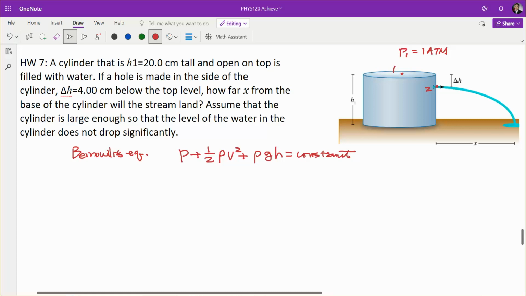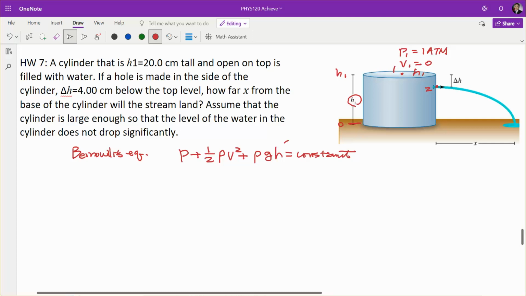We assume this place is far away from the opening on the right-hand side, opening 2, so we can assume this velocity is approximately equal to 0. The fluid on the top doesn't really flow. Now what about the height? This h1 is simply equal to this height here. If you make the bottom of the tank 0, then this will be your h1. So we can use h1 here as our rho g h. All right, so that's point 1.